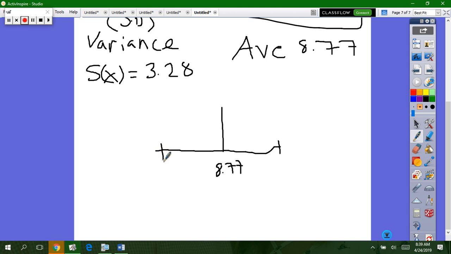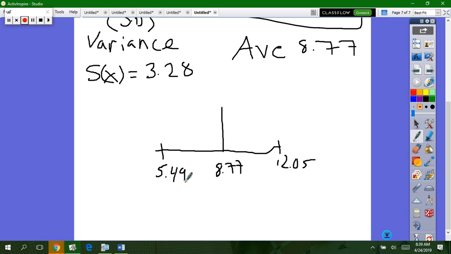So I'm going to add 3.28 and I'm going to subtract 3.28. So 8.77 plus 3.28 is 12.05. And if I subtract that, I get 5.49. Thank you.